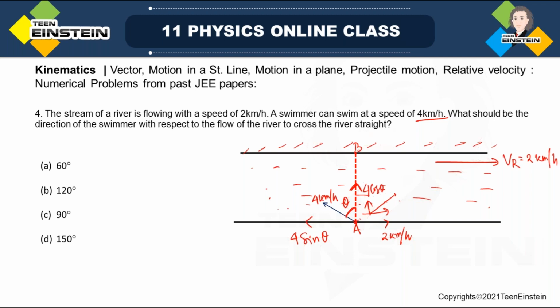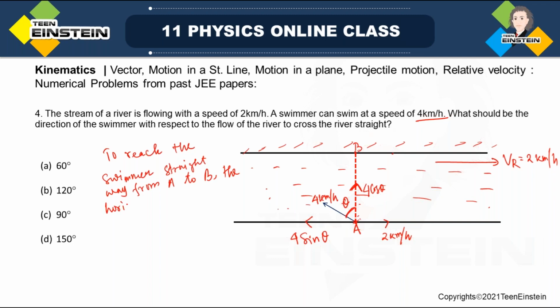It will reach somewhere here, if both the components of the velocity are there. Okay, if both the components of the velocity are there. So horizontal component, so I'll write here, to reach the swimmer straight away from A to B, the horizontal velocity must be 0.